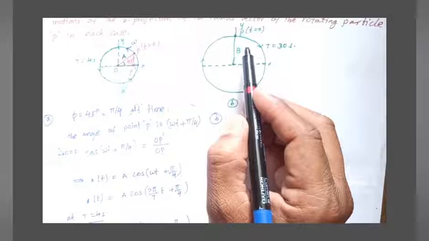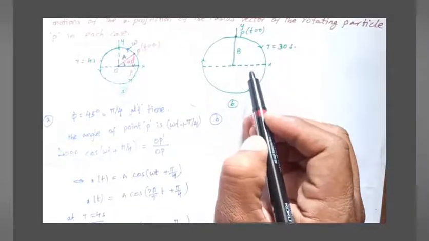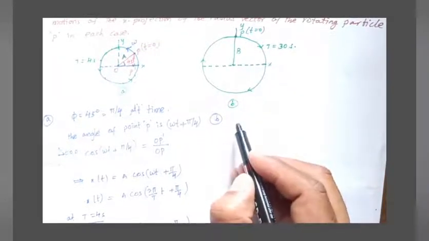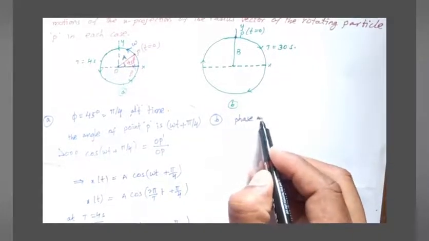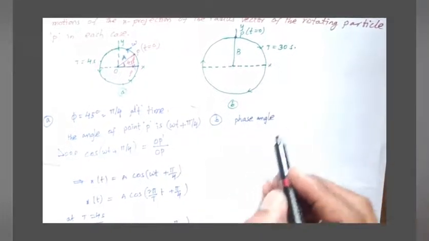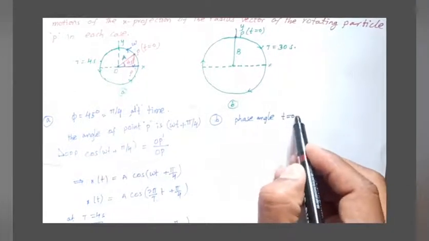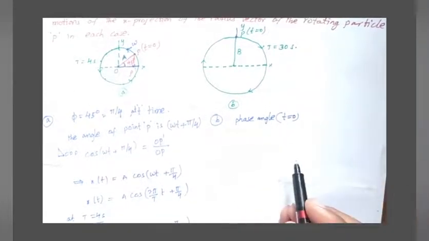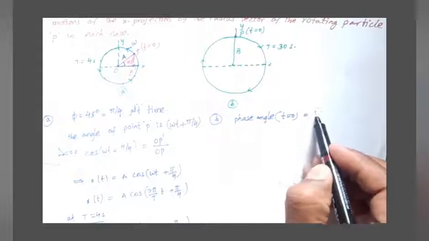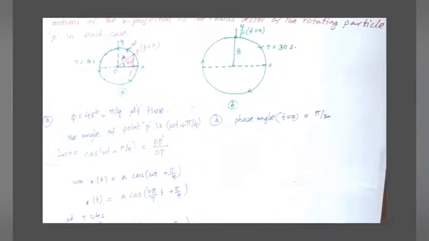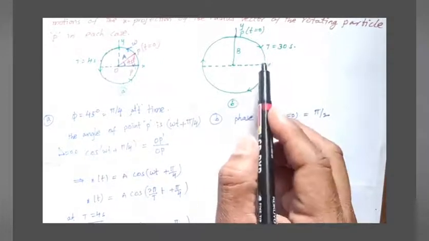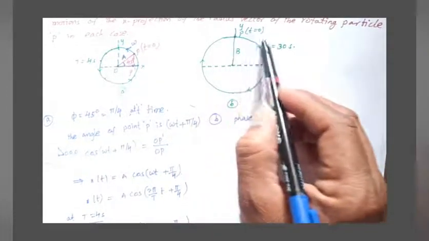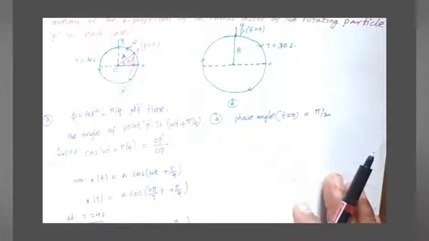So the angle is pi by 2. The initial phase angle at t equals 0 is taken as pi by 2. Next, here it moves in the clockwise direction.